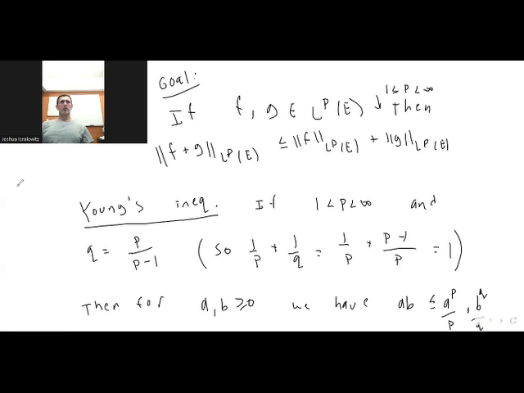In particular, we always want conjugate exponents so that 1 over p plus 1 over q is 1. So if p is 1, q has to be infinity. If p is infinity, q has to be 1 for this to equal 1. So it kind of makes sense. When p is infinity, we think of q as being 1.